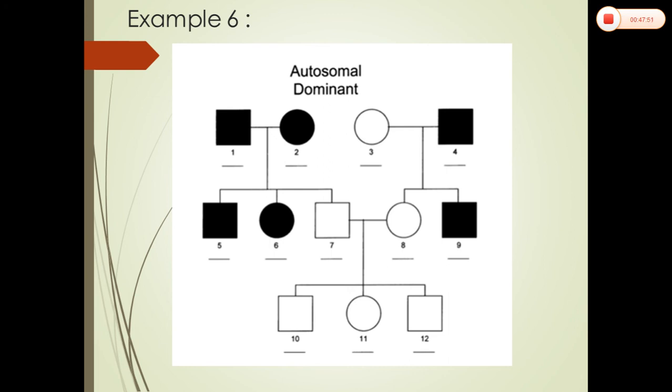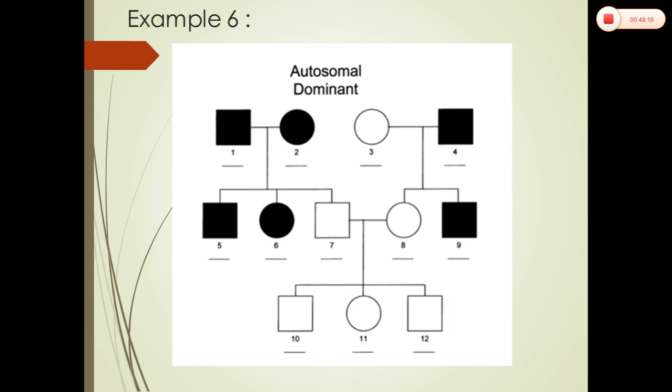The first couple has 3 kids. First son is affected, second daughter is affected, third son is normal. This third son marries a normal woman, the normal daughter of the second couple. The second couple has 1 normal daughter and 1 affected son. Now this marriage has all 3 normal kids.